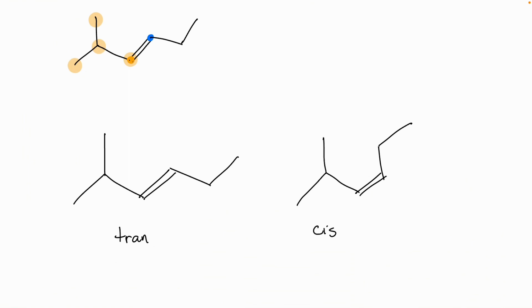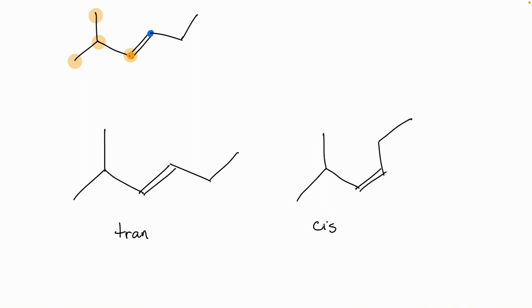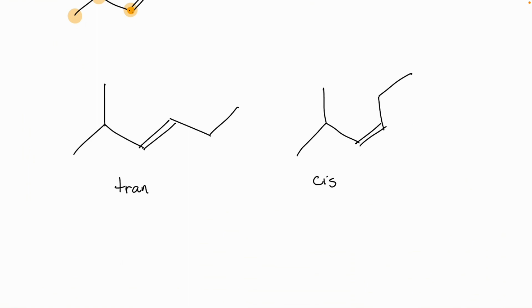This is really just that argument that we've used a few times before called steric hindrance. When you put two big groups on the same side, there's much more clashing that can go on. Remember that this bond here can also rotate. So in your cis conformation, you have collisions between this end of the molecule and this end of the molecule, whereas in your trans structures, those are necessarily located on opposite sides.